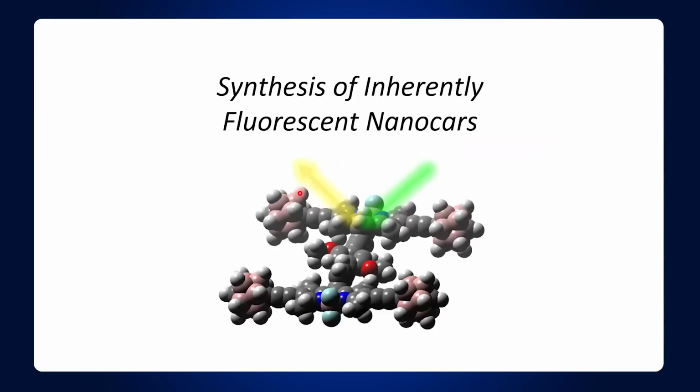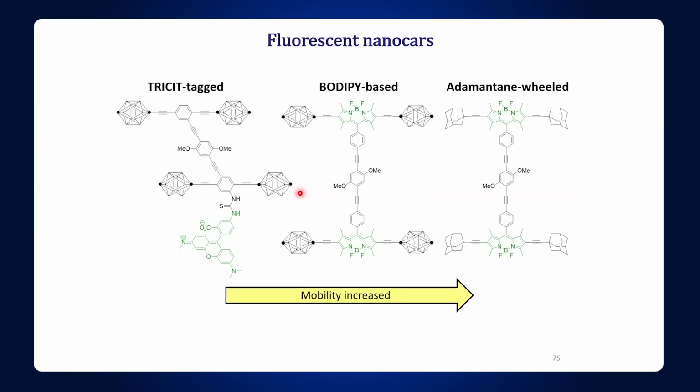All right, and then we made, instead of having this big ball and chain, this big fluorescent molecule hanging off, I thought, well, why not make the car itself fluorescent? So you could shine a light and it would start emitting light from it. And so instead of going from the Tritzy tagged, we'd put this molecule on there so that it would fluoresce inherently.